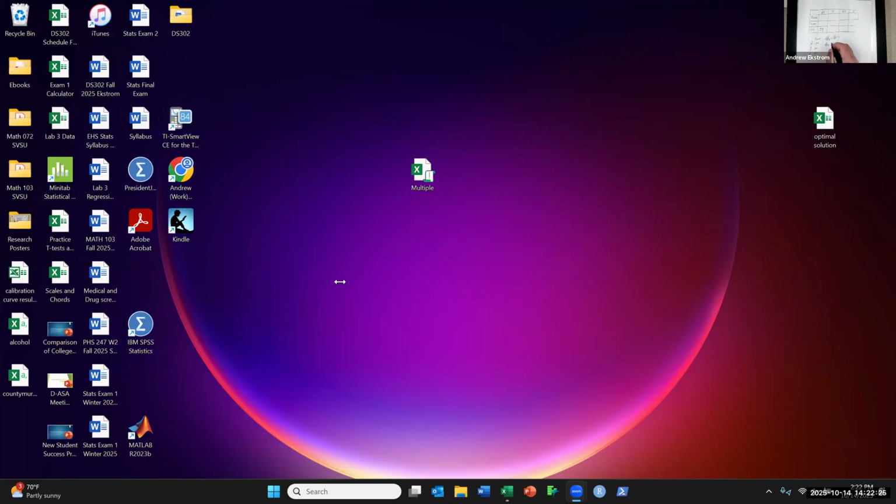DF for the model, again, is going to be the number of groups minus one. And then whatever we have here for the error is going to be the difference between these two.